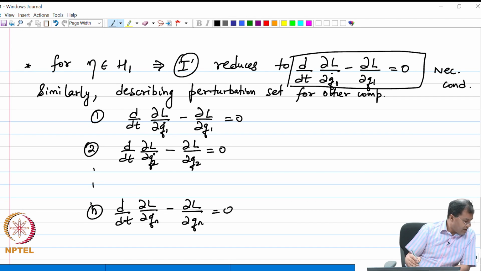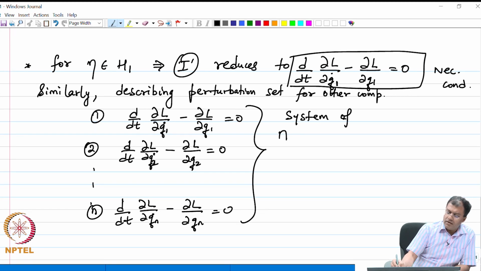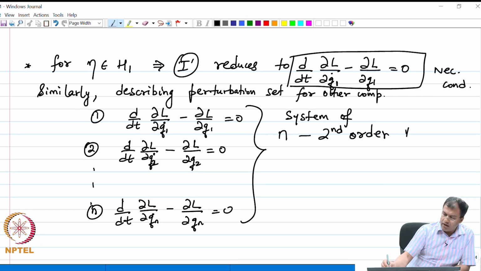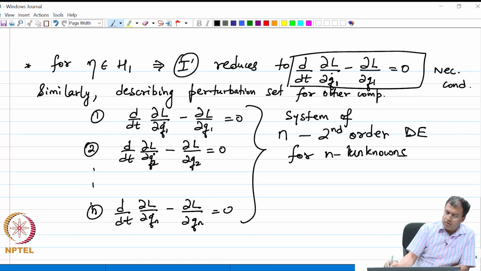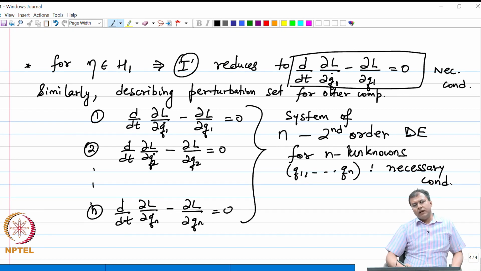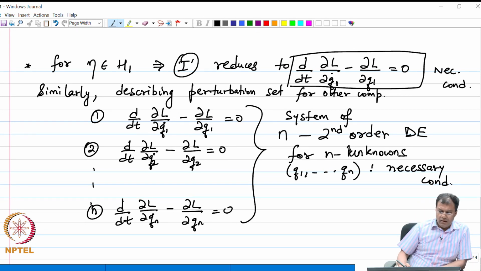So this is a system of n second order differential equations for n unknowns, where the unknowns are q1, q2, up to qn, which is the necessary condition for our generalized case with multiple dependent variables. So we have found a system of Euler-Lagrange equations.